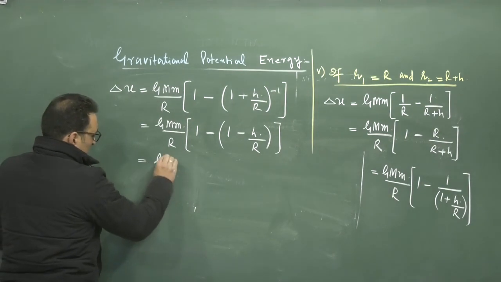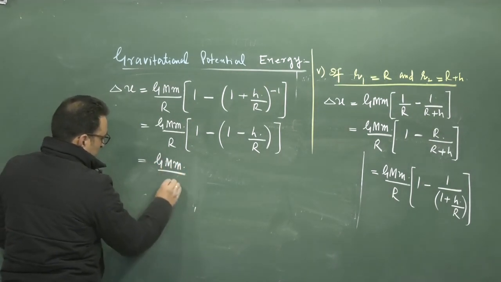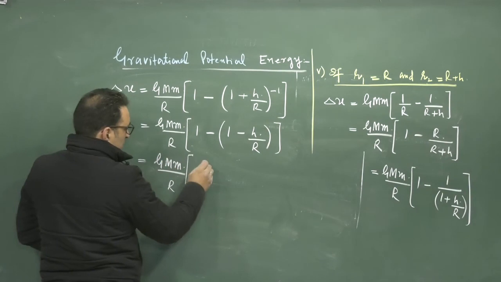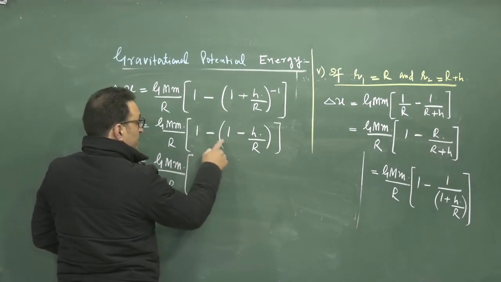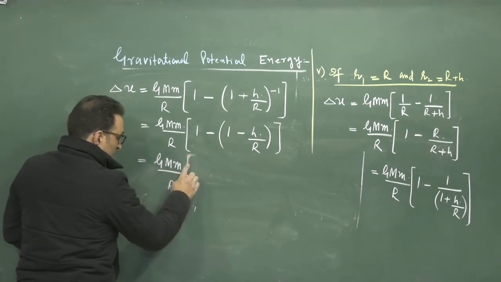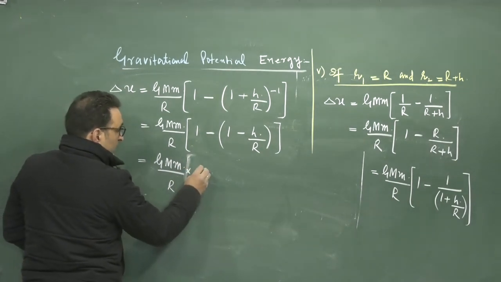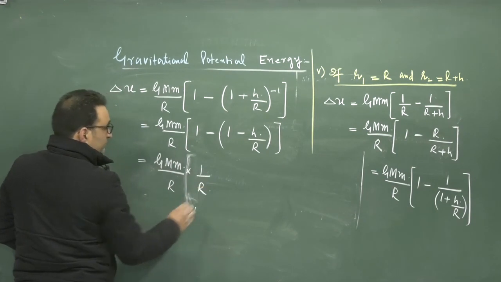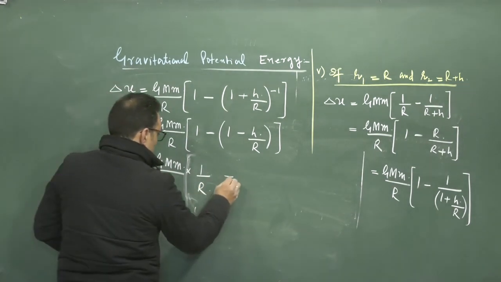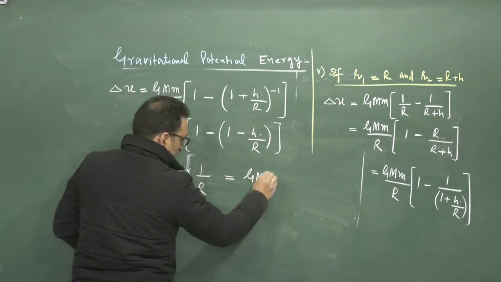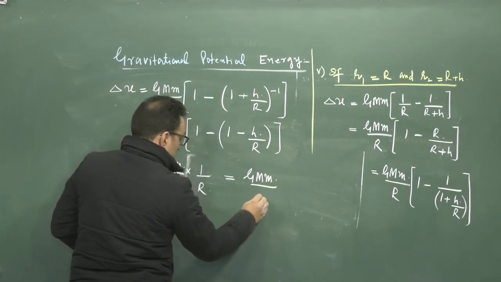Now this is G capital M small m by R, and 1 and 1 cancel, then we are left with H by R. So we are left with G capital M small m H by R square.